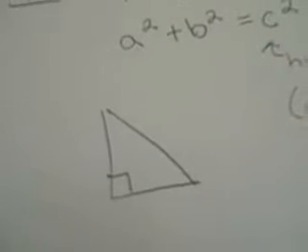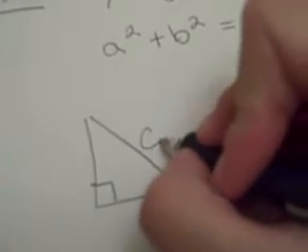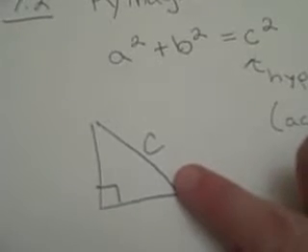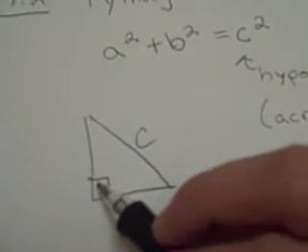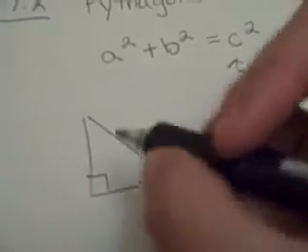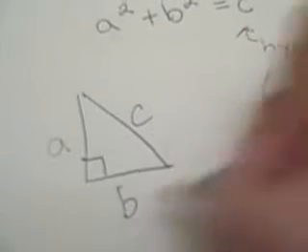In this picture, which side do you think has to be C? This is our side that will always be C because it's across from the right angle. The other two sides can be labeled with A or B. It does not matter which one you make A and which one you make B.